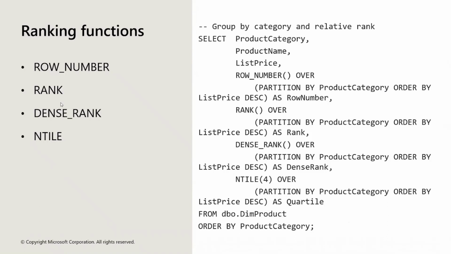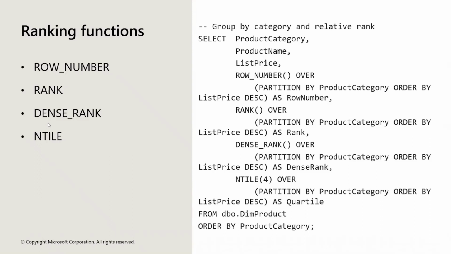And then we have the dense rank function. This dense rank ranks the rows in a partition the same way as rank. But when multiple rows have the same rank, the subsequent rows' ranking positions ignore ties.